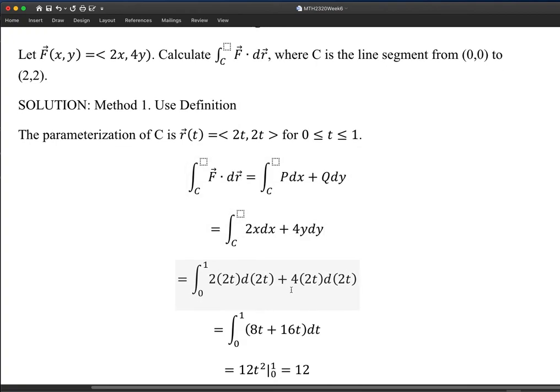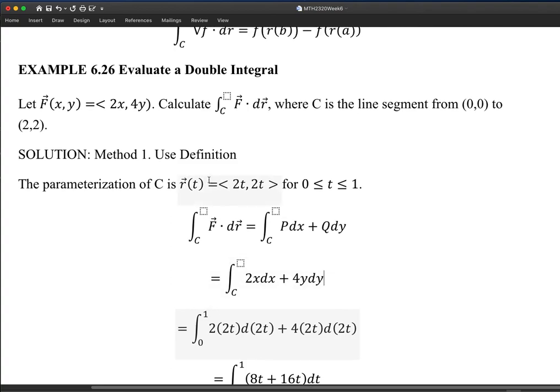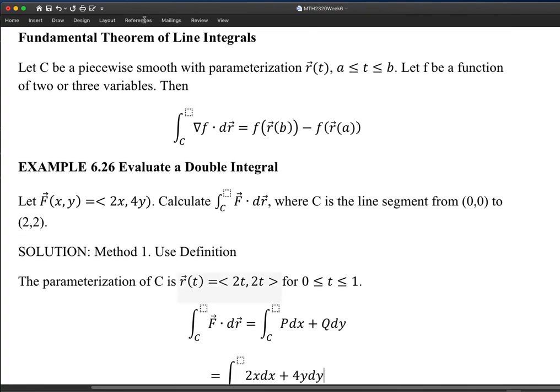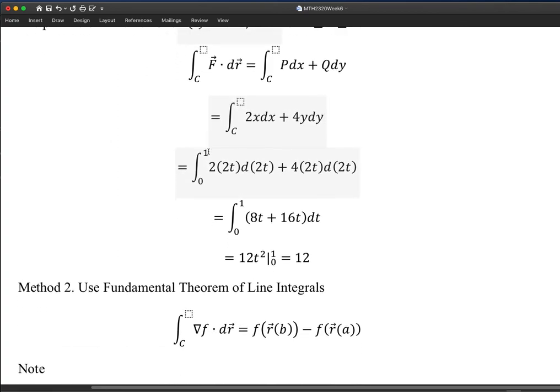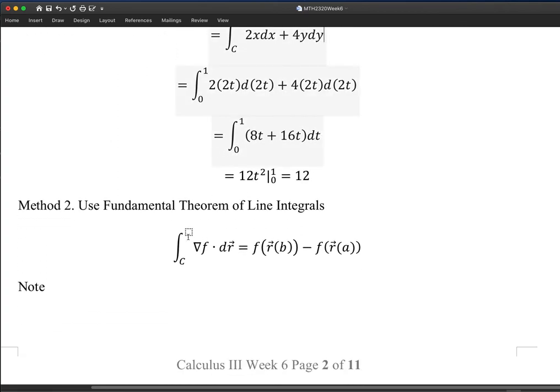Remember, in this section our real task is the fundamental theorem of line integrals. So let's take a look at the calculation using the fundamental theorem. According to the fundamental theorem of line integrals, the line integral is the difference of the potential function at the upper bound and at the lower bound.